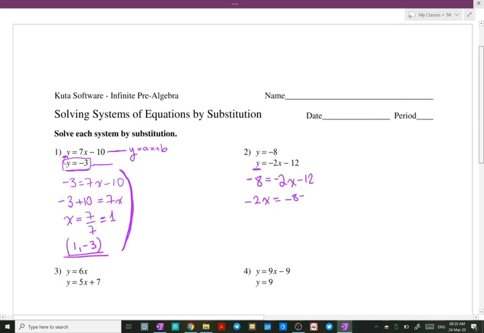Therefore, minus 8 plus 12 is plus 4, over minus 2, so x is equal to minus 2. So the solution for this system is minus 2 for x and minus 8.